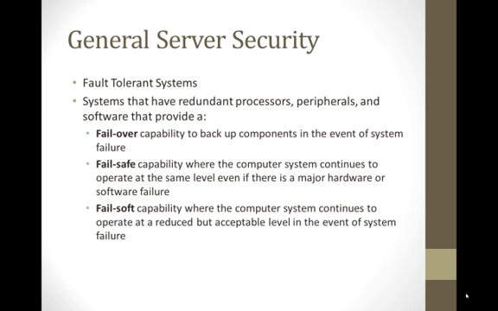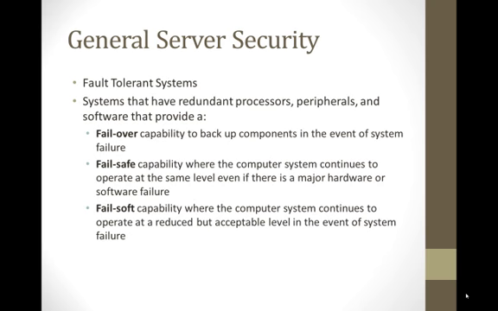There's the failover capability, to back up components in the event of a system failure. So essentially, it's a backup. If your site goes down or if a server goes down, you immediately switch over to this new one, and bam, you're ready to go.